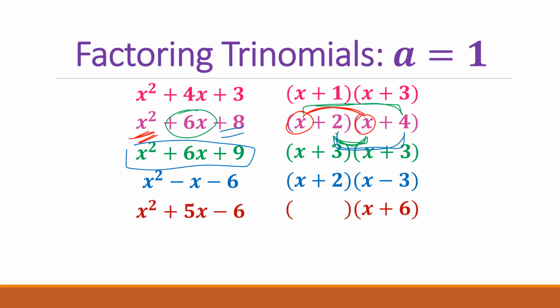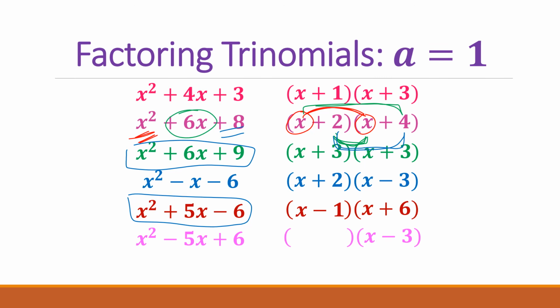Try to figure out what needs to go in the first parenthesis to get you this. There's that one, and one more. And there's the missing factor. Oh, one more. Surprise!